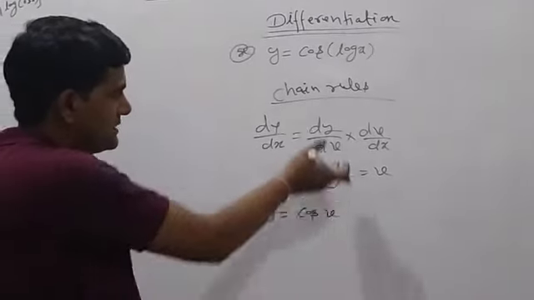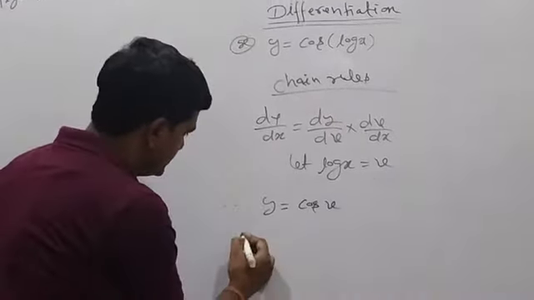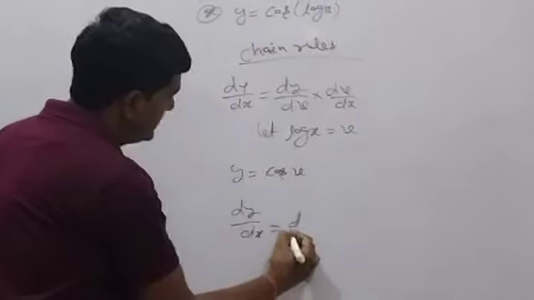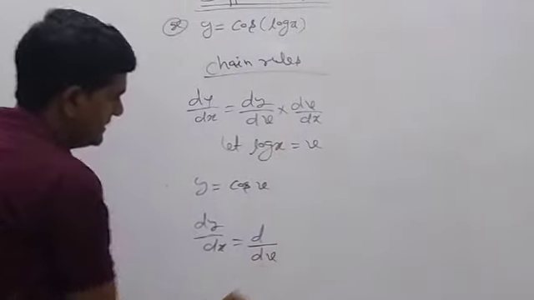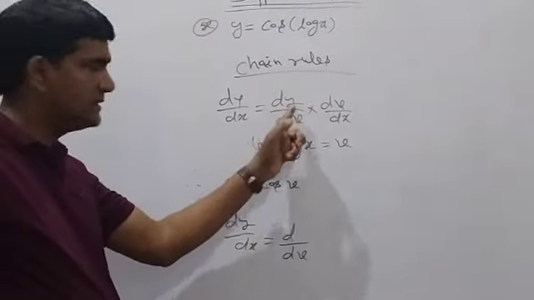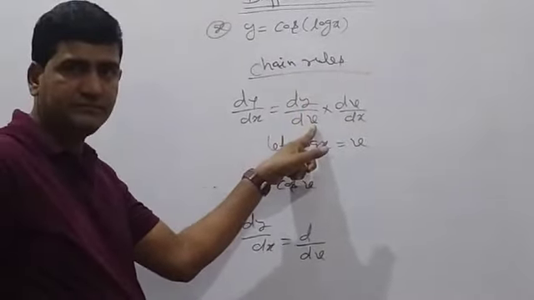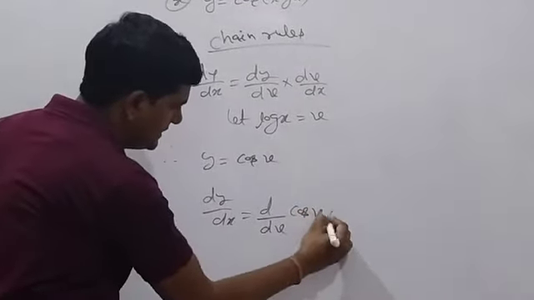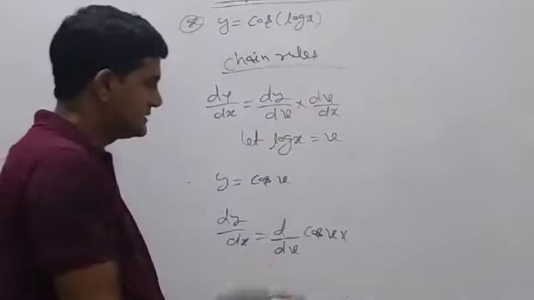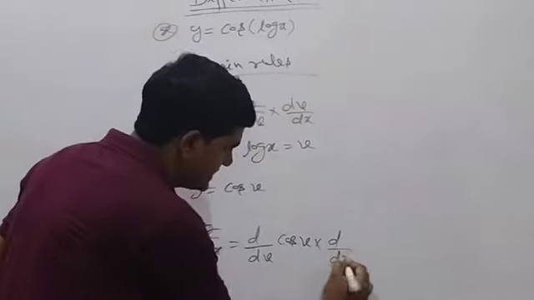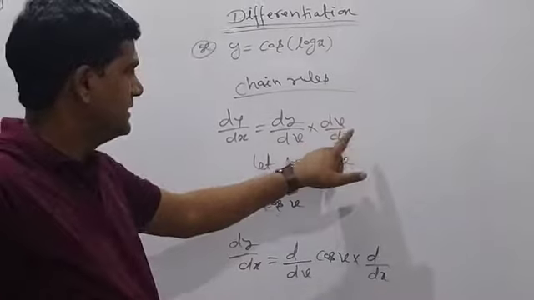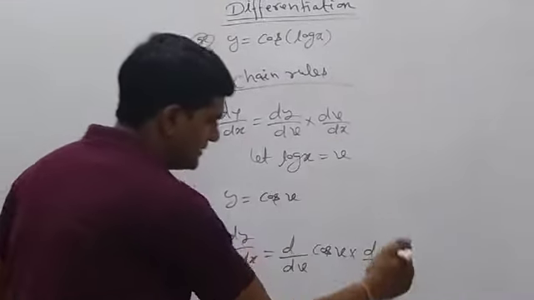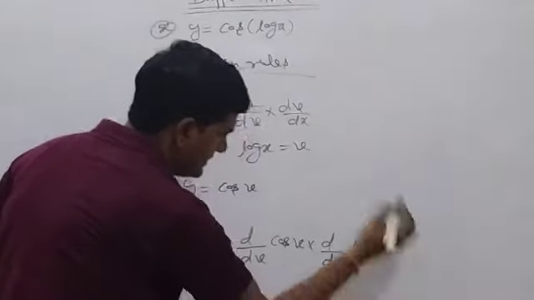Now putting this formula here, dy by dx is equal to d by dv. What is the value of y in terms of v? y in terms of v means cos v, into dv by dx, d by dx of what is the value of v in terms of x? v in terms of x is log x.